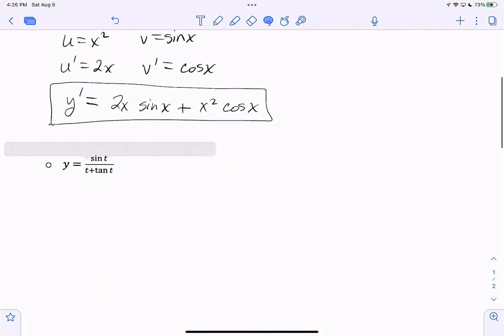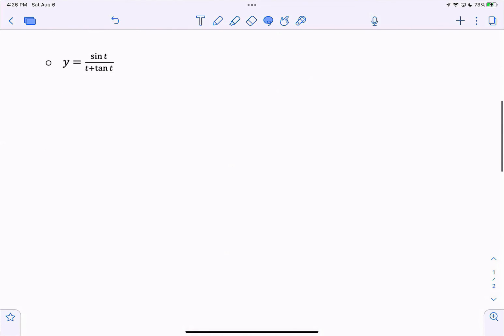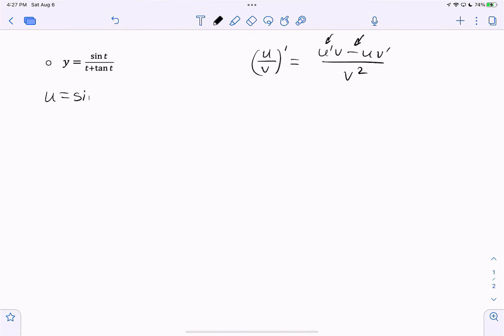Next up we have y equals the sine of t over t plus the tangent of t. Here we have a quotient, and the derivative of u over v is equal to u prime v minus uv prime over v squared. Remember, in the quotient rule, u prime comes first, and there's a subtraction in the numerator. We're going to identify u is equal to the sine of t, and v is equal to t plus the tangent of t.